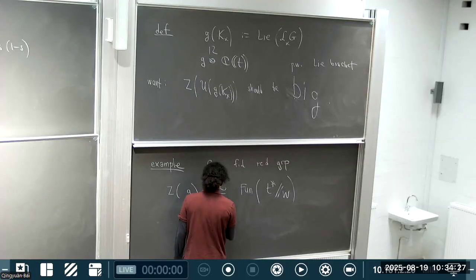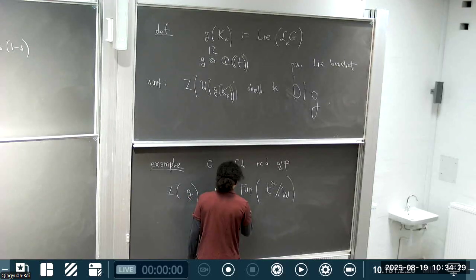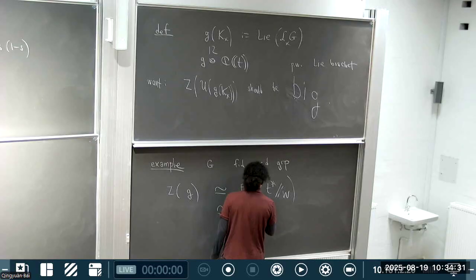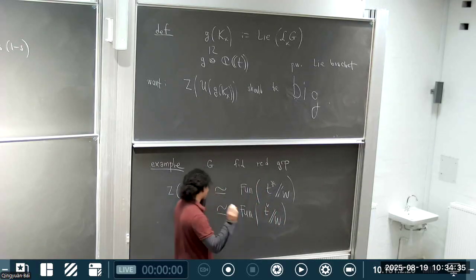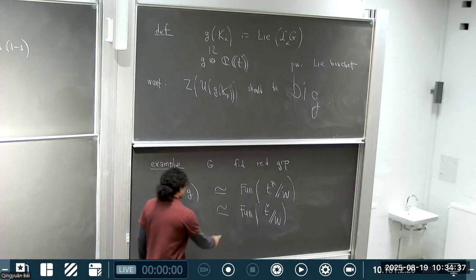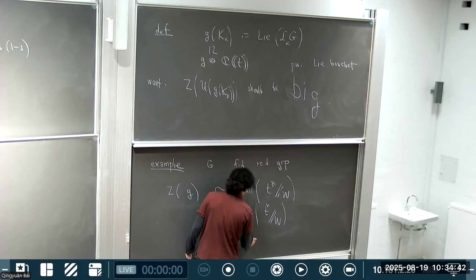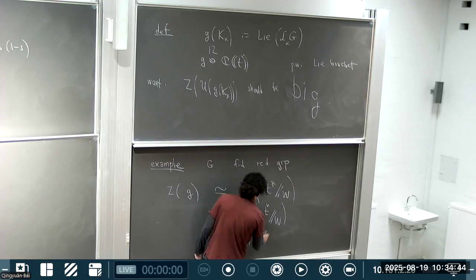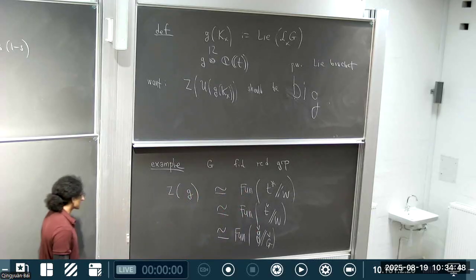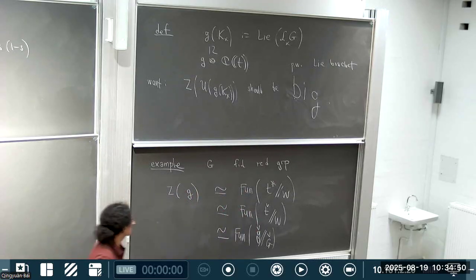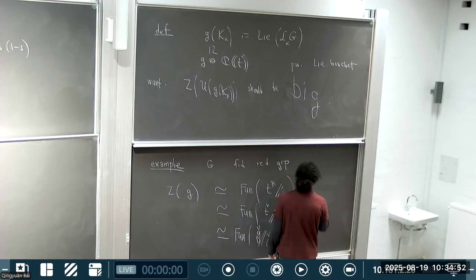And to be fancy, that's the Langlands dual Cartan. That's the same thing as saying it's functions on the semi-simple conjugacy classes in the dual group.